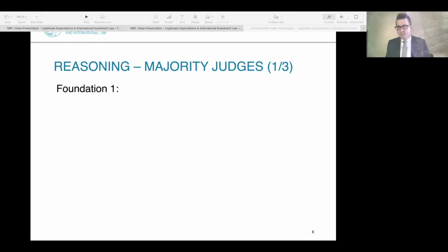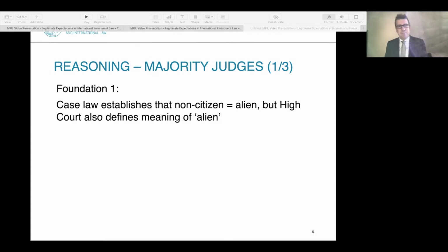Before I get into their reasons, I think it makes sense to lay down some foundations that the majority judges built their reasoning on. The first one is this: they do admit that the case law says a non-citizen equals an alien. And they also recognise that the Parliament is going to define the word alien.